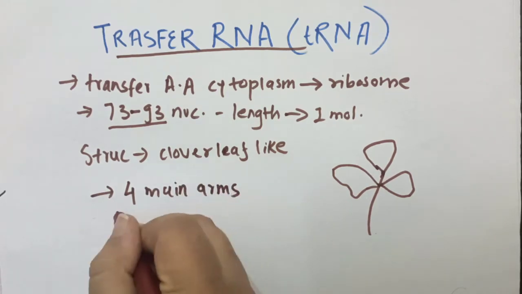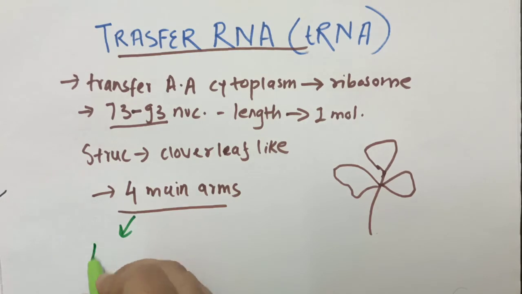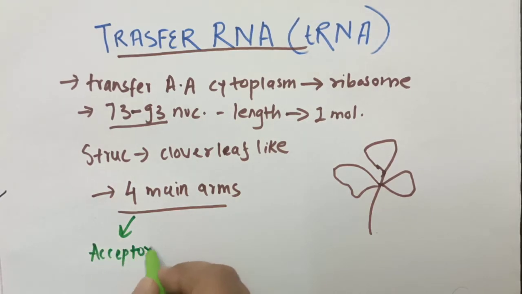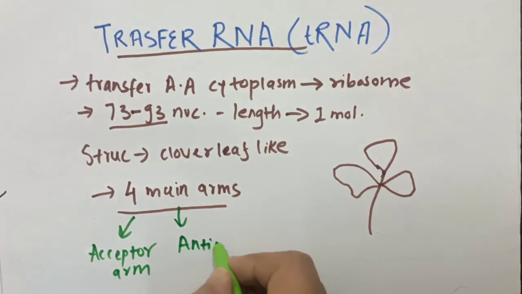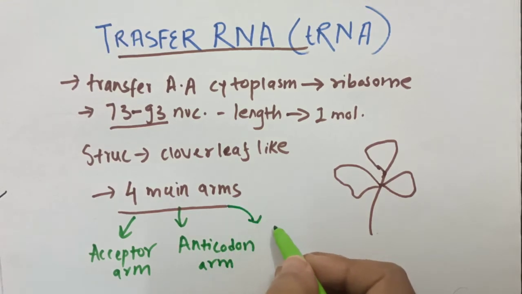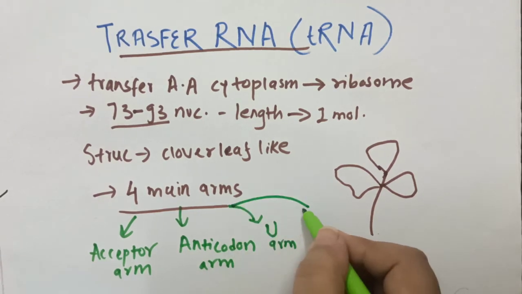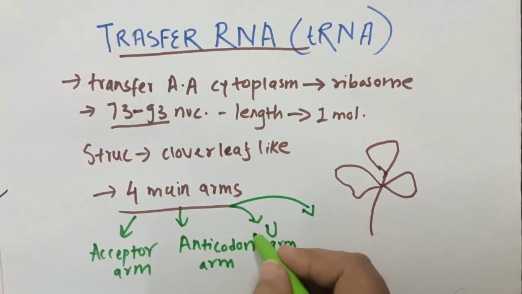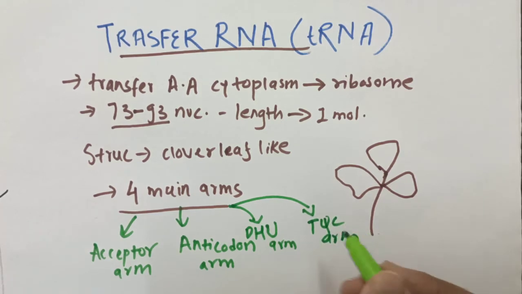So which are these 4 main arms of tRNA? Number 1 is the acceptor arm. Number 2 is the anticodon arm. Number 3 is the DHU arm, and number 4 is the T-Psi-C arm.